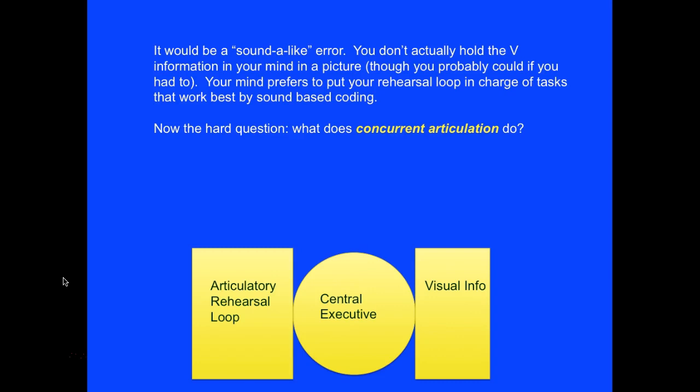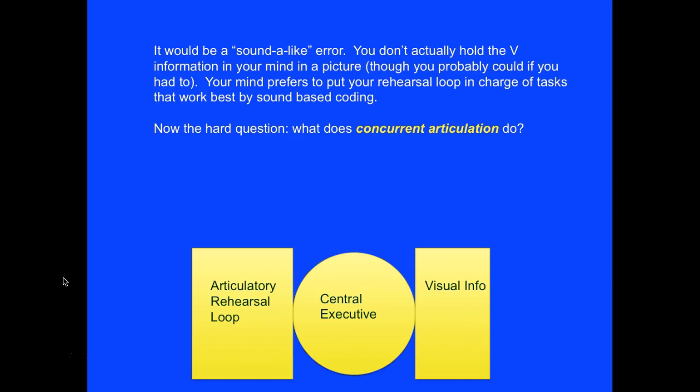Let's restate the question. What is the effect of concurrent articulation on those two tasks in which we showed a word length effect? Well, to answer that, let's say again why we show a word length effect. And then let's ask how concurrent articulation affects that task.